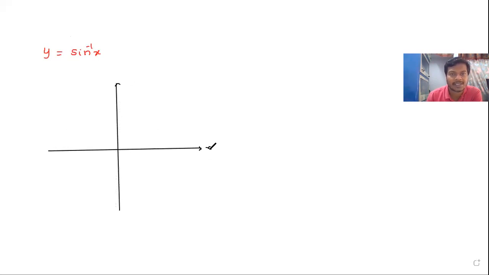This is the x-axis and this is the y-axis, and the graph of sine x exists as a wave like this. In the negative direction, we get it in this way. This is actually the graph of y equals sine x.